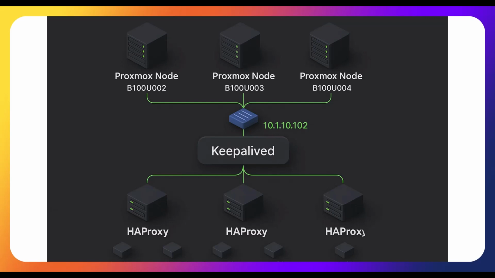It handles both stateful and stateless connections, which is critical for services like Prometheus and InfluxDB. Right now I'm load balancing several key monitoring services, Grafana as the front-end, InfluxDB, Prometheus and Loki as backends.